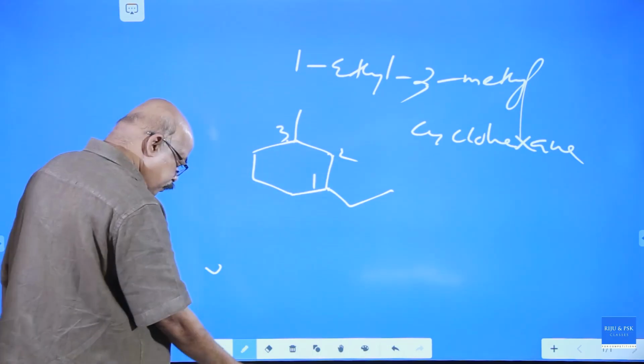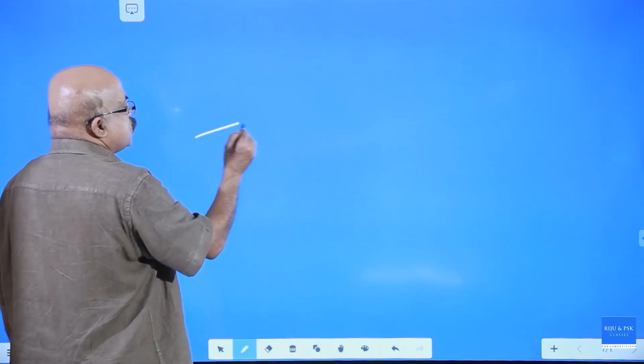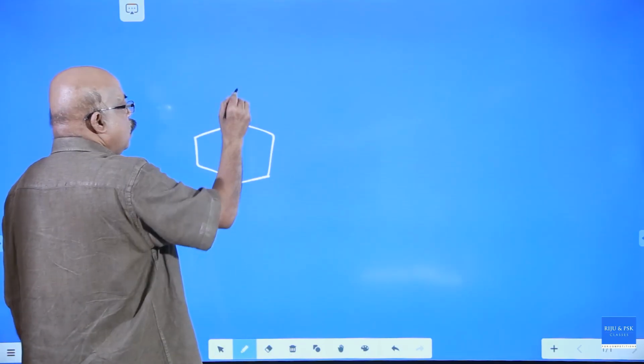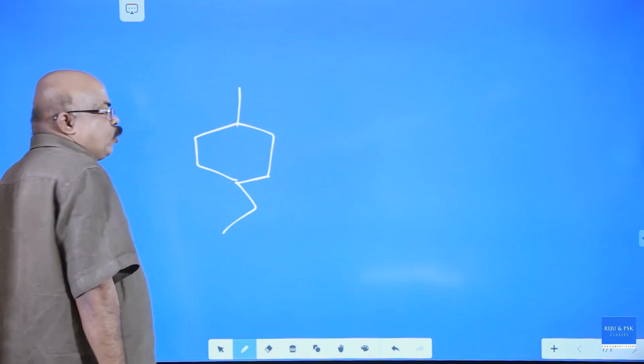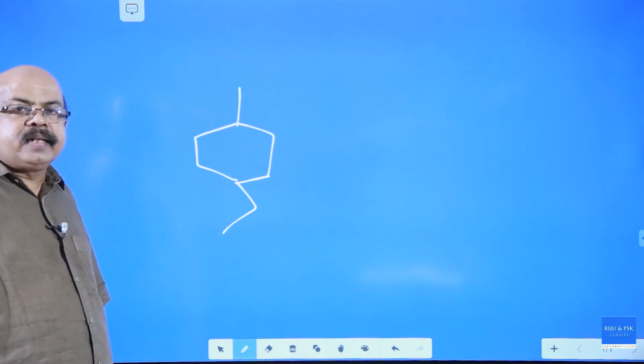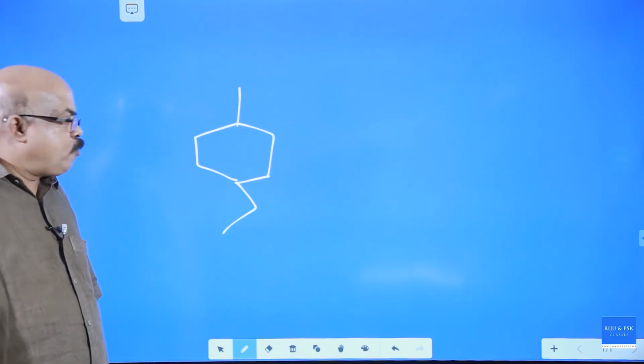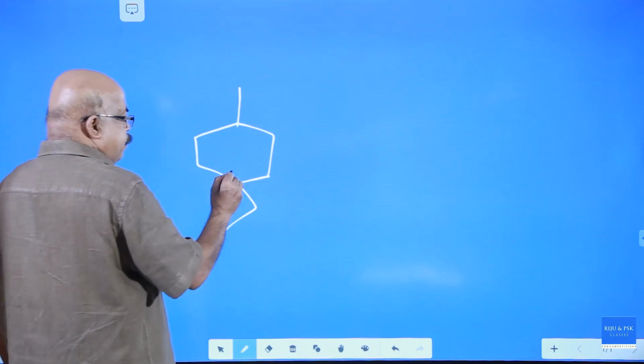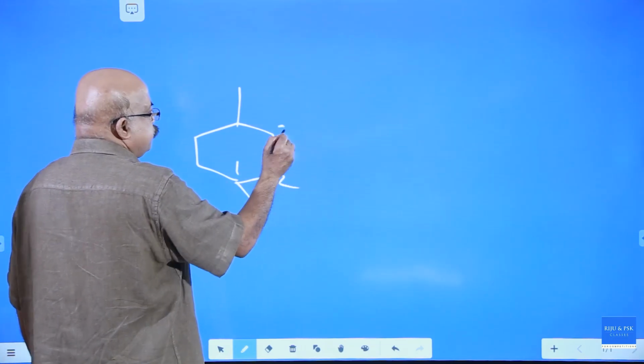All right. This has two different substituents, ethyl and methyl. Alphabetical priority for naming, numbering 1, 2, 3.